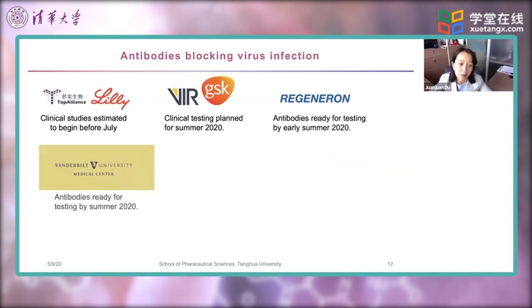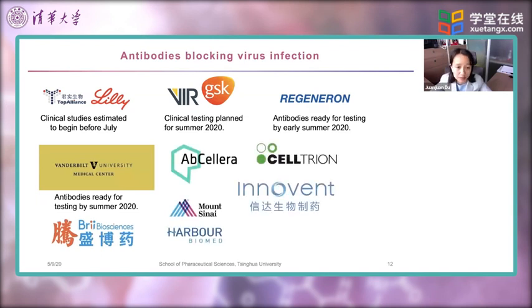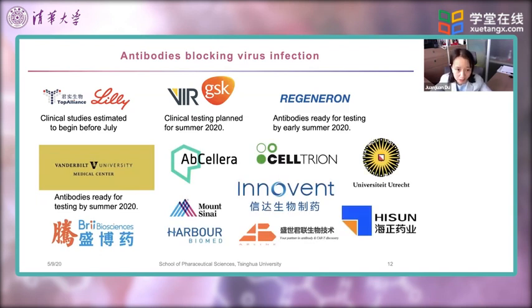But now, hospitals, companies, and academia are working together and putting a lot of effort into accelerating this drug discovery process for COVID-19. We can see in these slides, there are a lot of companies working on this. And the estimated clinical trials may start as early as this summer. So this is the case of neutralizing antibodies.